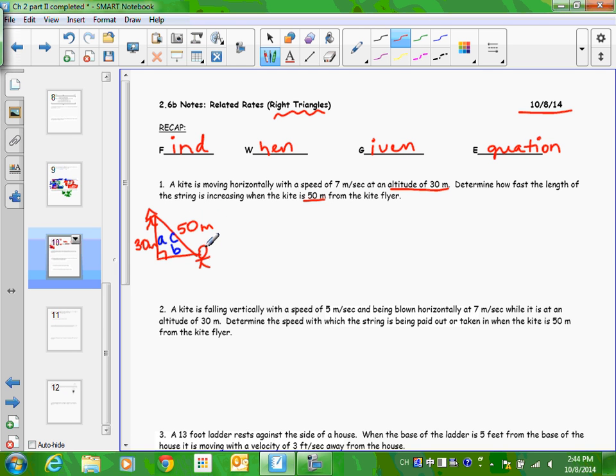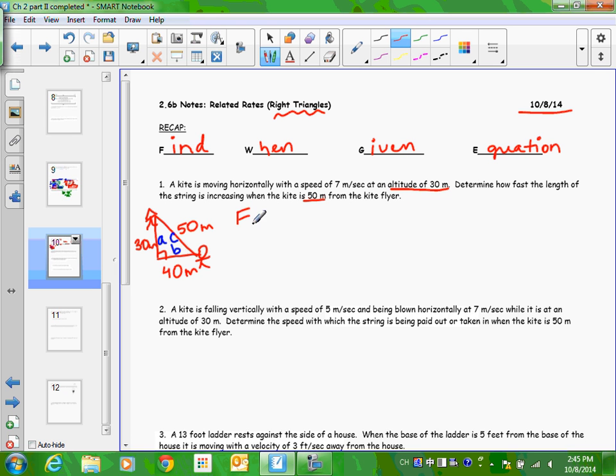Now, if you're really good at geometry or you just remember your Pythagorean triple, finding the third side is super easy. 40. Now, if you forgot your Pythagorean triples, meaning like 3, 4, 5, 5, 12, 13, and so on, you're going to have to go off to the side and do Pythagorean theorem, okay? I'm not going to show that right now.